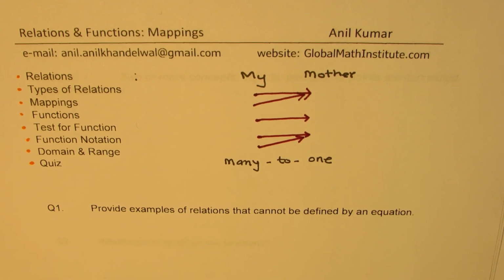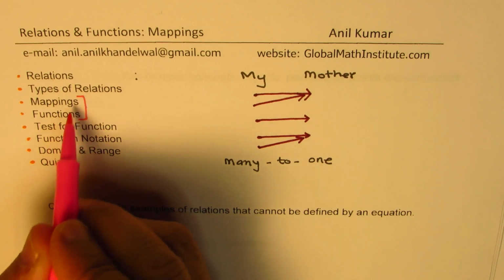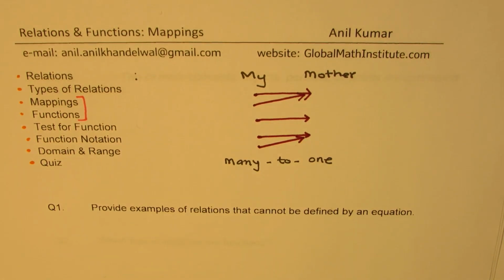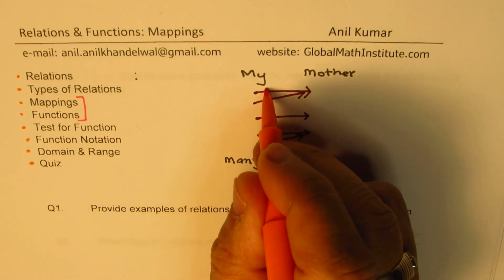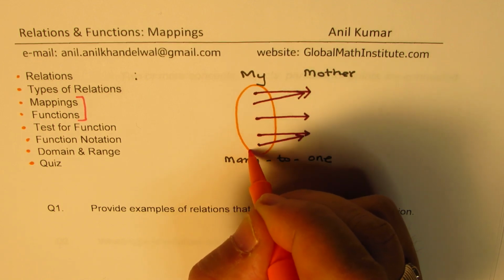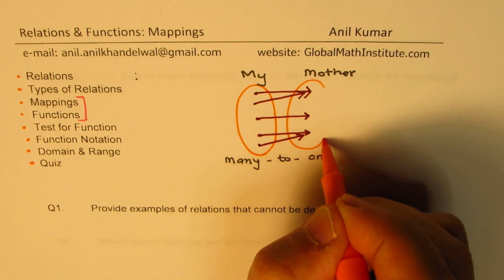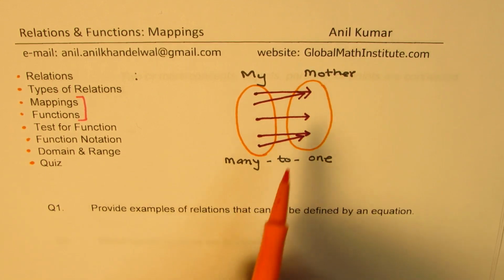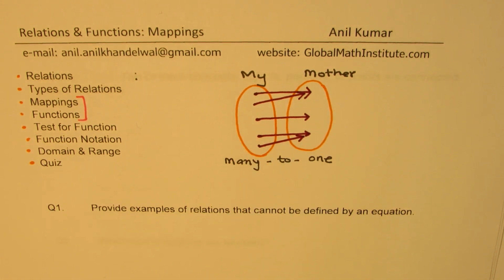Now when we say mapping, sometimes the words mappings and functions are used as the same terms. In many parts of the world, we look into this set as one set of items and the other as another. And that relation, when shown in the fashion shown here, is called a mapping diagram.